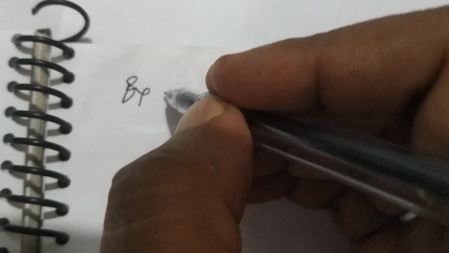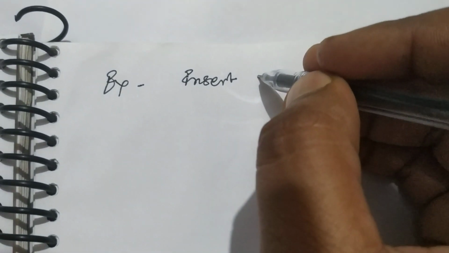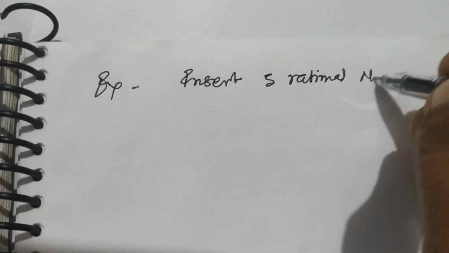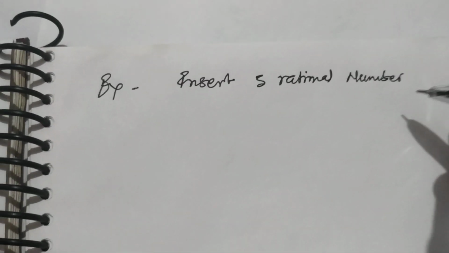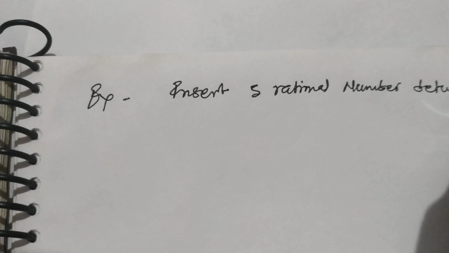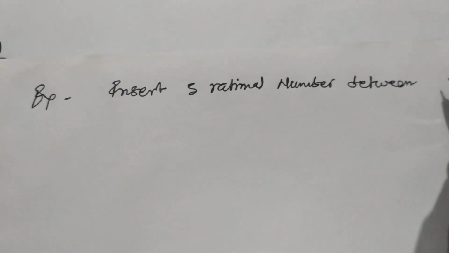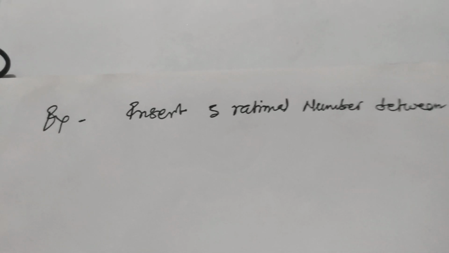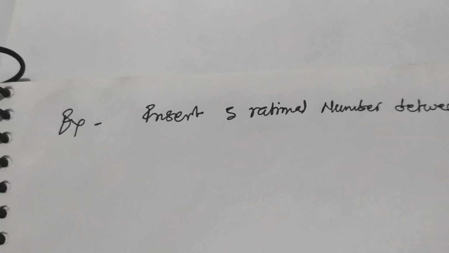The next example, if the denominators are different, like insert 5 rational numbers between 2 upon 3 and 3 upon 4.